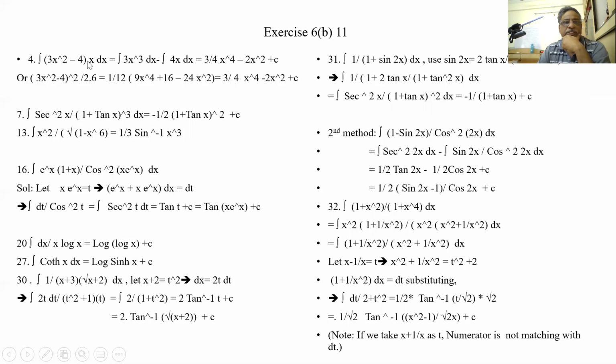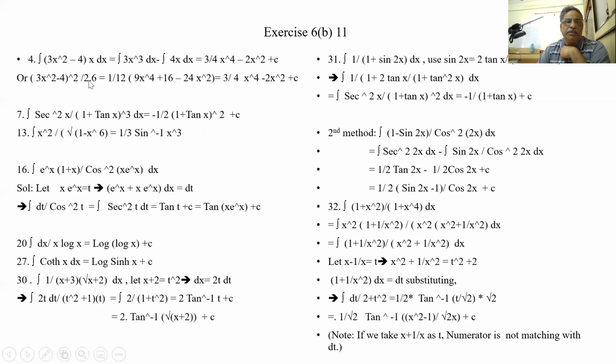I am having only x here, so by 6. This method can be done, or you expand this. Expanding will also give the same thing, or we can directly use it because there is an f dash x here. So 3x square minus 4 whole square by 2, into 6x is, x is there, so by 6 plus c.